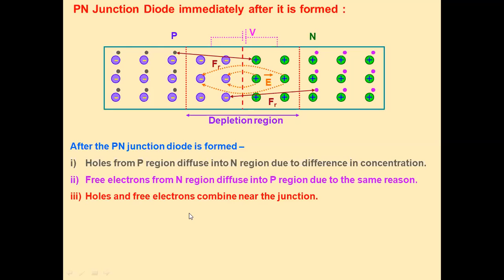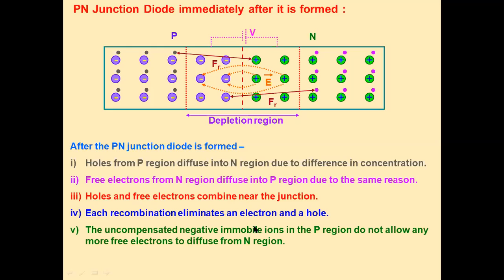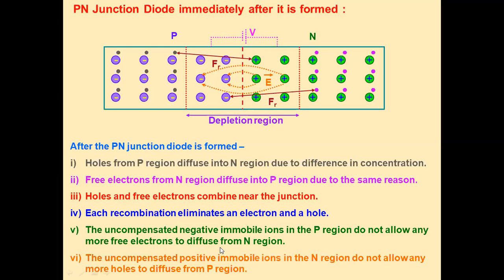Holes and these free electrons get combined near to this junction, and each recombination eliminates an electron and hole. The uncompensated negative immobile ions in a P region do not allow any more free electrons to diffuse from N region.